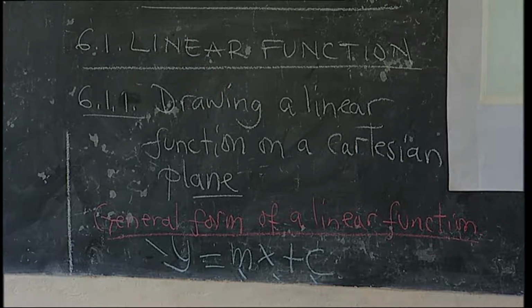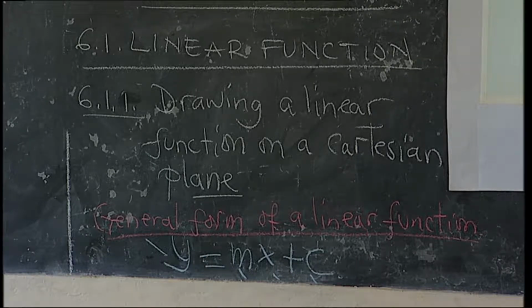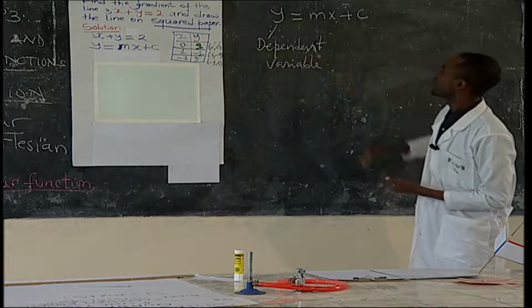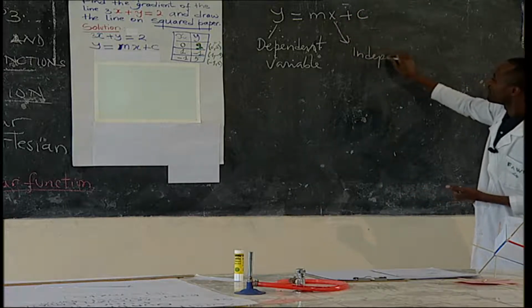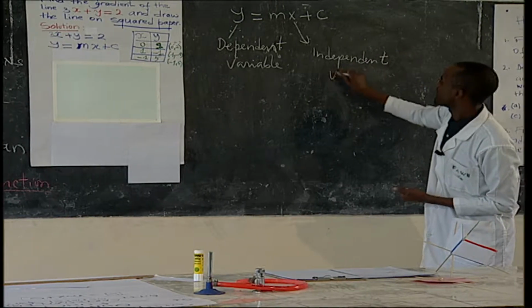If you are given y equals mx plus c, there is something you have to remember. This one, we call it the dependent variable. And this one, we call it the independent variable.